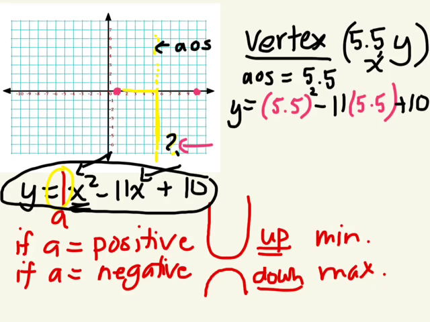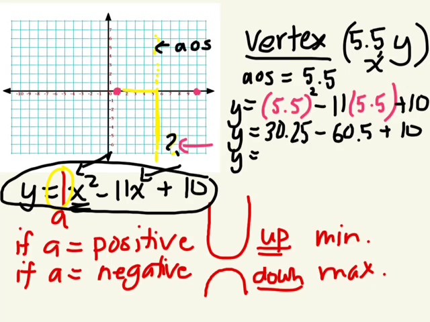All we really need to do now is solve for y. So follow BEDMAS. What's 5.5 squared? Yep, 30.25 minus 11 times 5.5, which is 60.5, plus 10. Let's keep simplifying. When we simplify this, we get y equals negative 20.25.